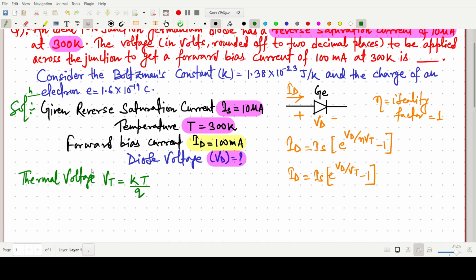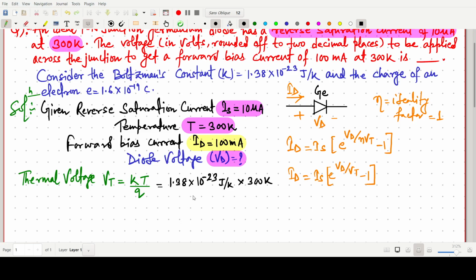Okay, this one is the formula for the Vt, thermal voltage, kT by q. So now this can be written as: k is 1.38 into 10 to the power minus 23 joule per Kelvin, and temperature is 300 Kelvin.